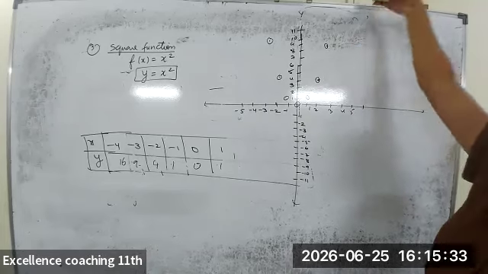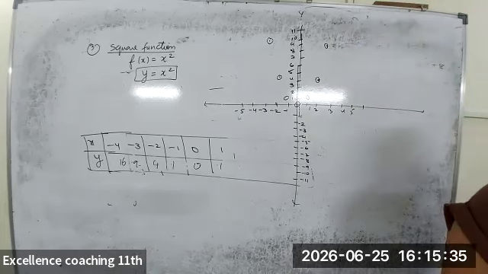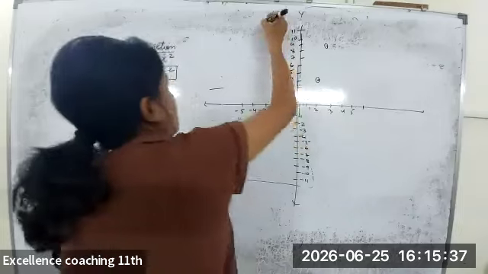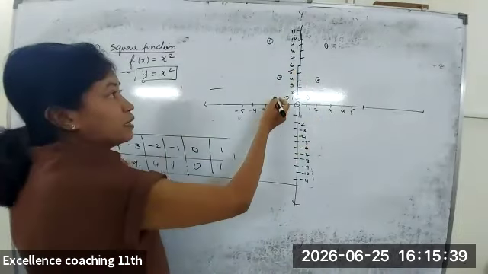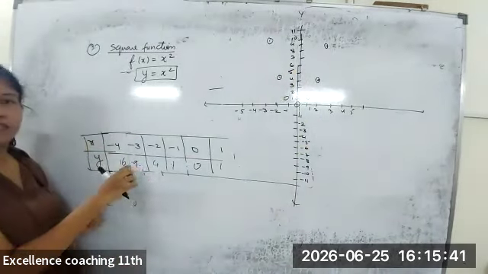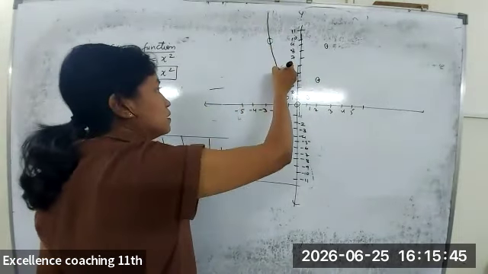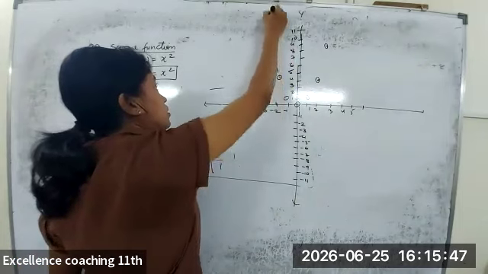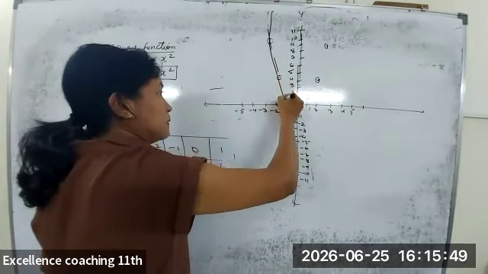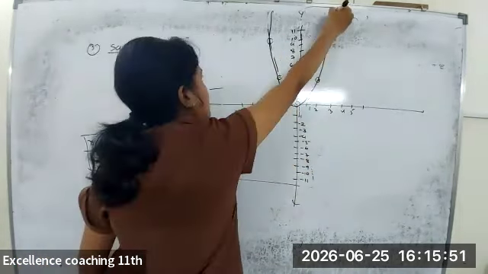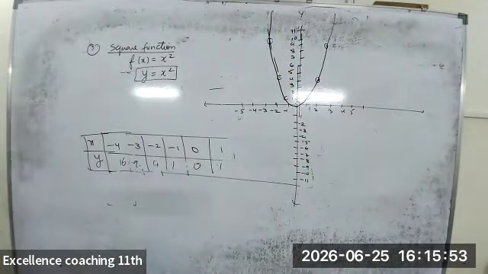And 4 will be around 16. Okay, so while joining, it will not be exactly straight because in between there are more points which we are not taking. So square is a little bit curved. So this will be a square.